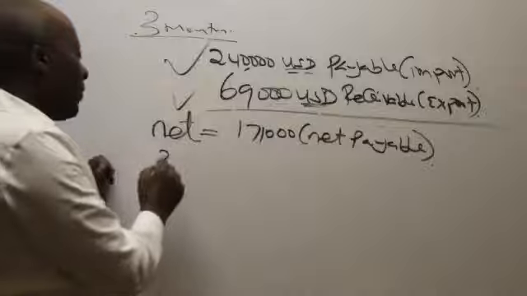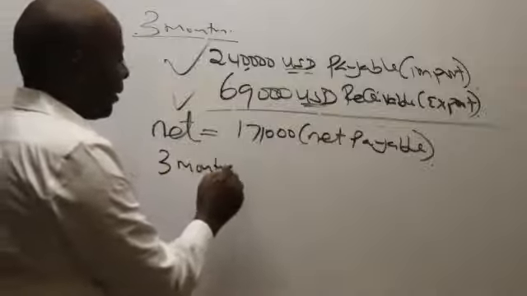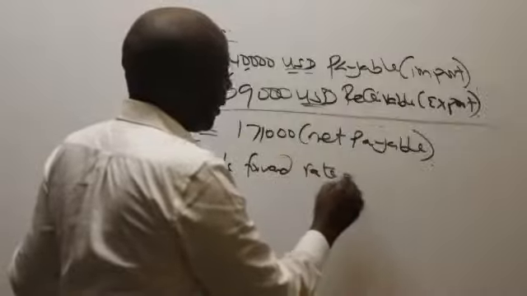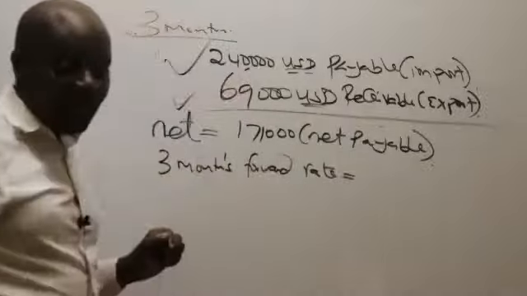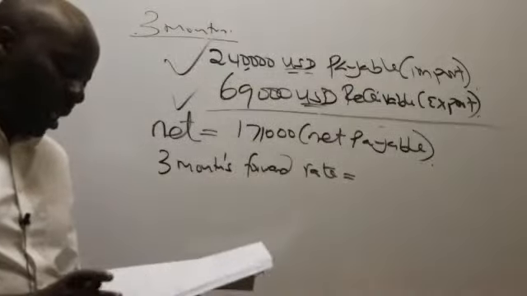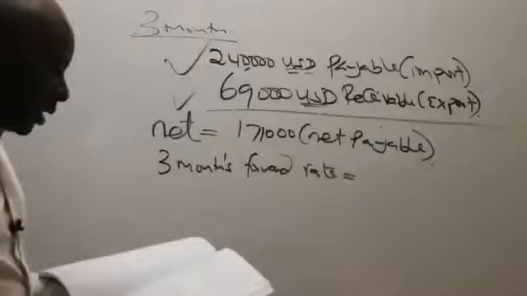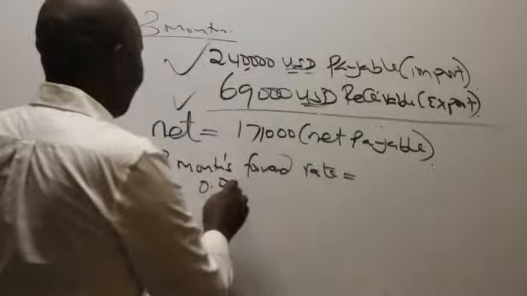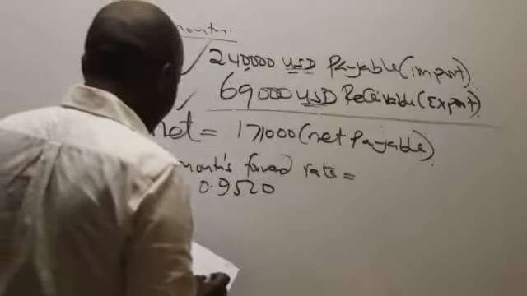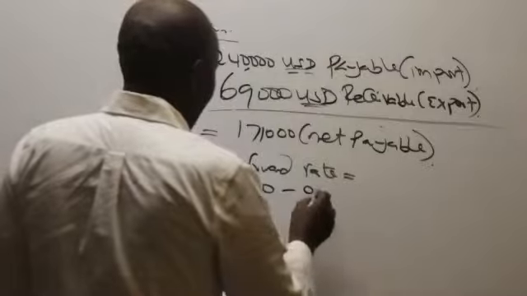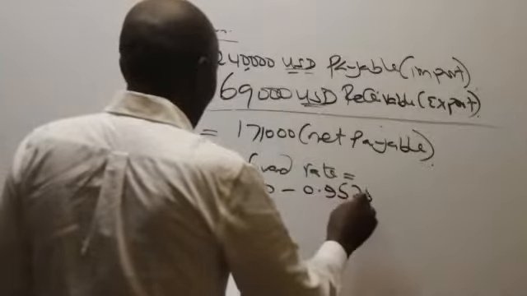Now from there, come and give me the 3 months forward contract rate. I'll be able to read here ambao tunaona inakuja 3 months. Amenipatia huko juu 0.9520 to 0.9525.